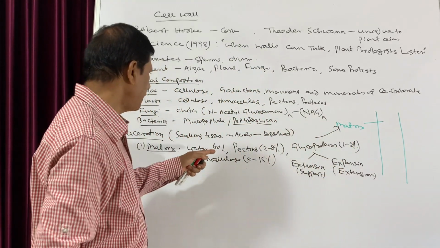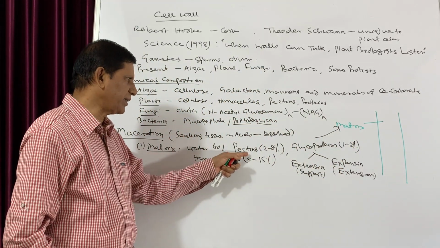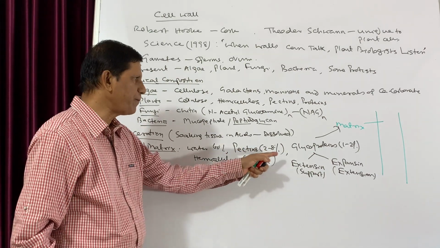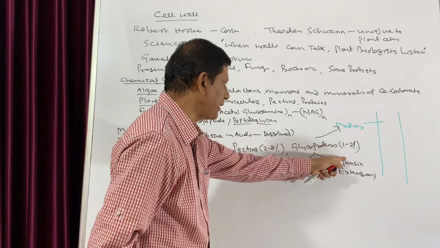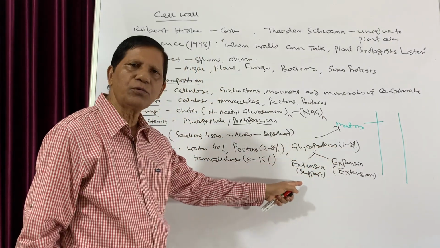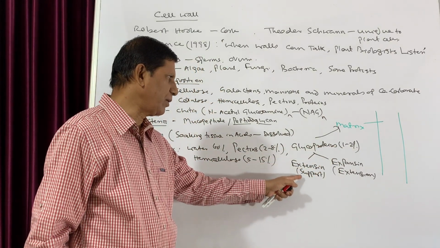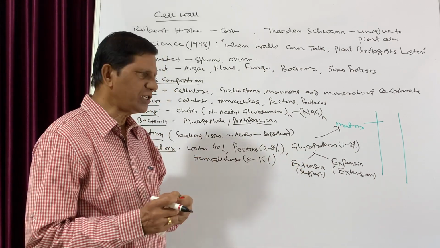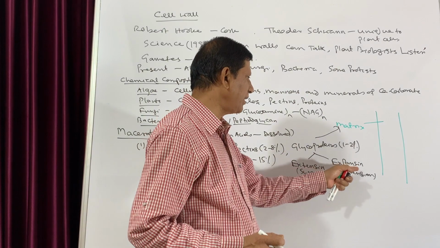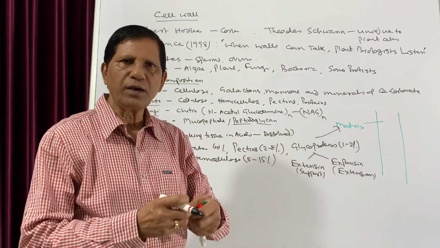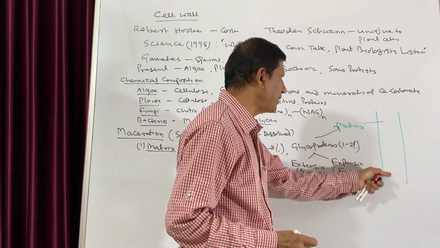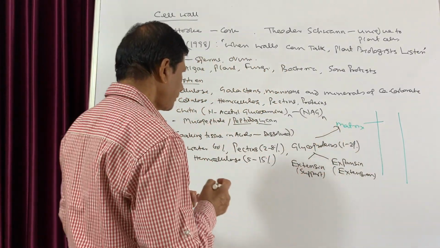In a matrix there is 60% water, pectins 2.28%, hemicellulose 5 to 15%, glycoproteins 1 to 2%, and in the glycoprotein the two common, very important examples are extensin, which gives support to the cell, and expansin, which helps in extension of the cell wall. So all these things are present in this matrix.